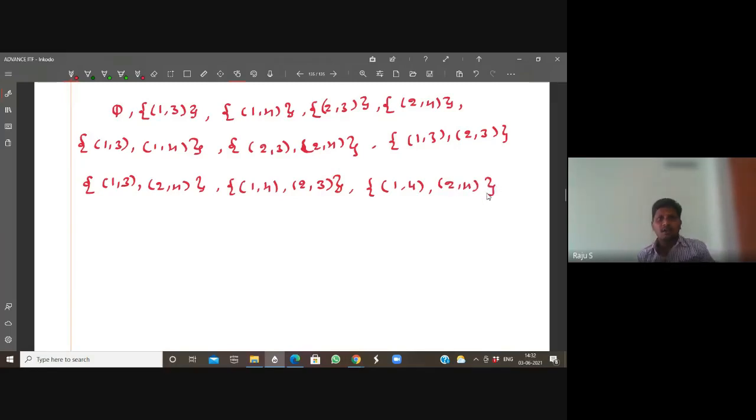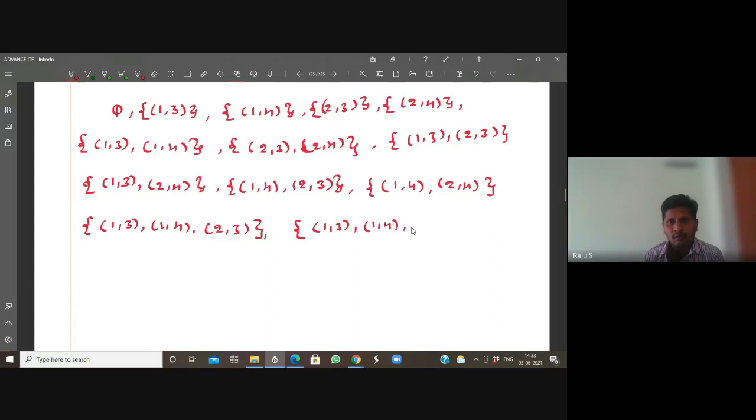Next, first I'm taking the null set, then I have taken the single ordered pairs, next I have taken two ordered pairs, next we will take three ordered pairs like 1 comma 3, 1 comma 4, 2 comma 3. Is it okay? Right, next 1 comma 3, 1 comma 4, then 2 comma 4. Is it clear? Then any other possibility for three ordered pairs? Anyone?